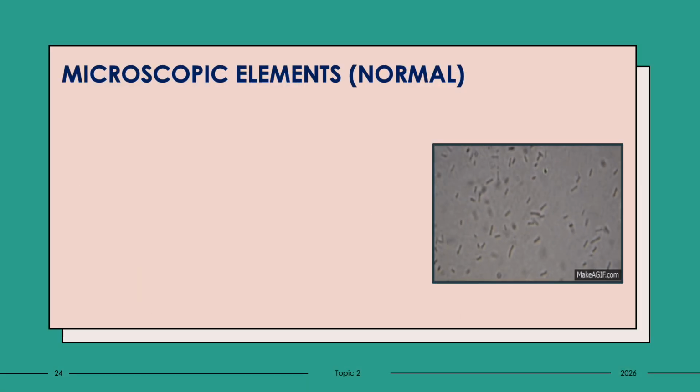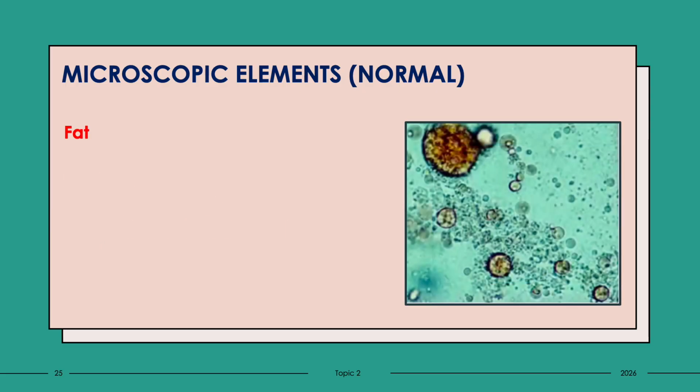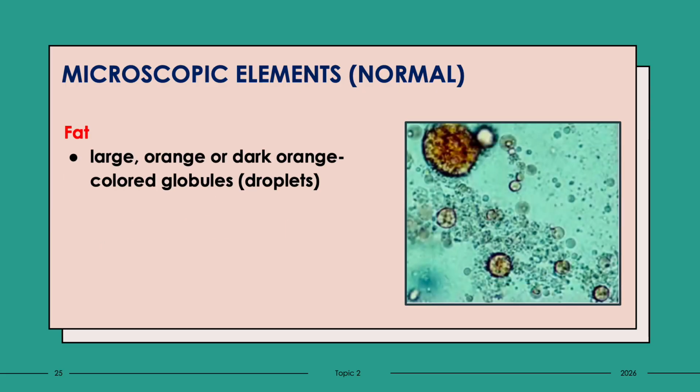Next microscopic elements are bacteria. Bacteria are normal in the stool sample, but increased numbers may be associated with bacterial infections or a poorly preserved sample. Next is fat. Fat appears as large orange or dark orange colored globules or droplets, which may indicate increased consumption of fatty foods.